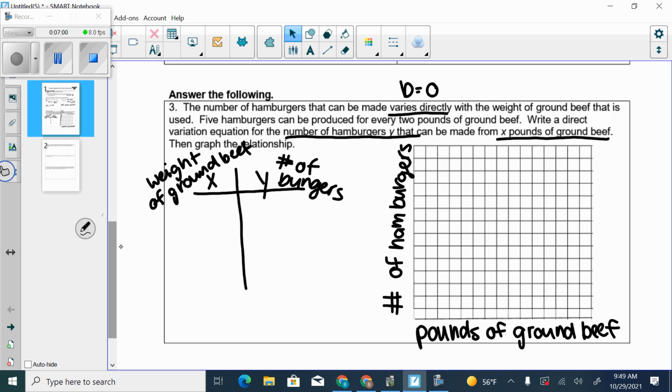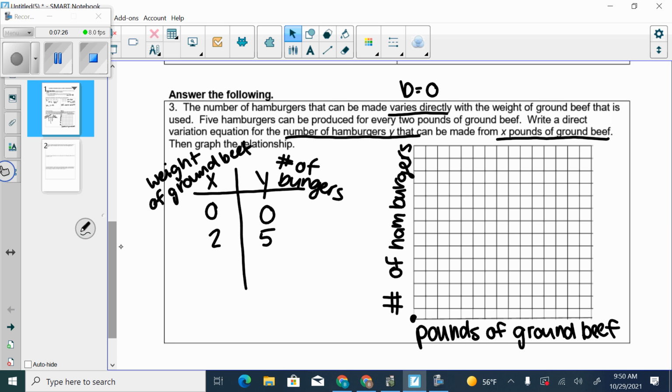Alright, so we know that this starts at 0, which would tell us that if we have 0 pounds of ground beef, we can make 0 hamburgers. They also say that 5 burgers can be produced for every 2 pounds. So if you have 2 pounds of meat, you can make 5 burgers.